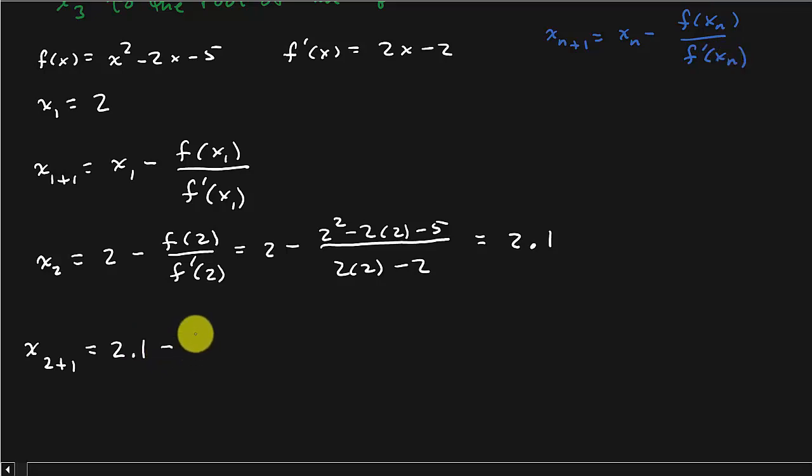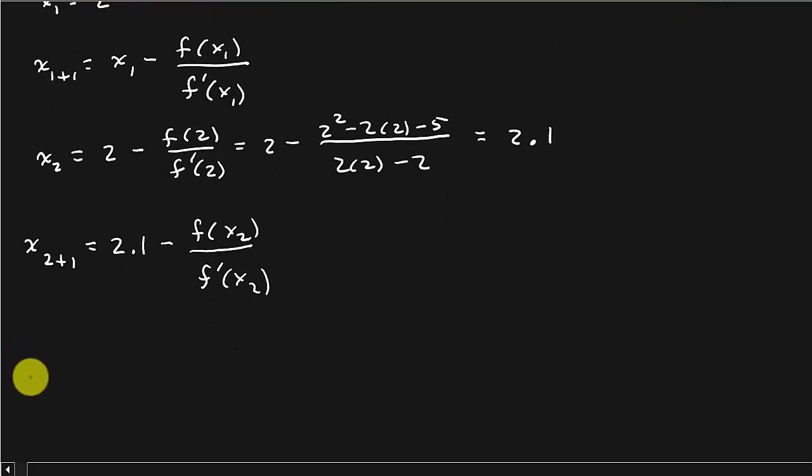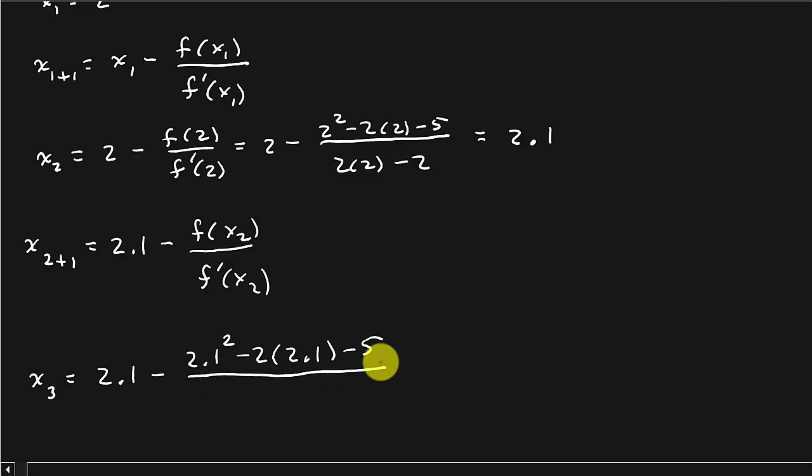All right, and then x of 2, that is 2.1. So that's minus f of x2 over f prime x2. And so that's going to give us x3 is equal to 2.1 minus 2.1 squared minus 2 times 2.1 minus 5 over 2 times 2.1 minus 2.